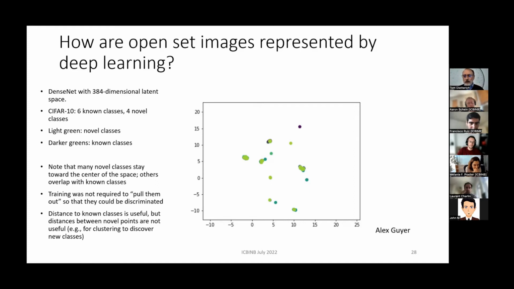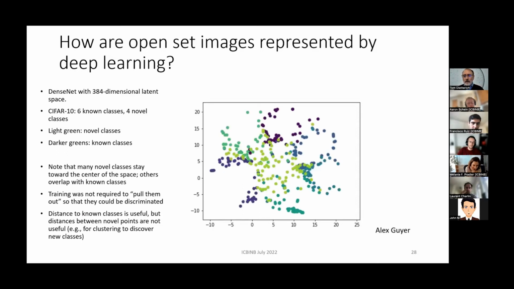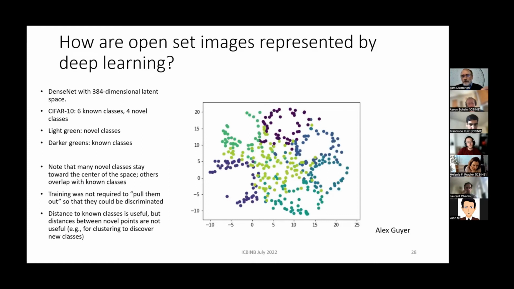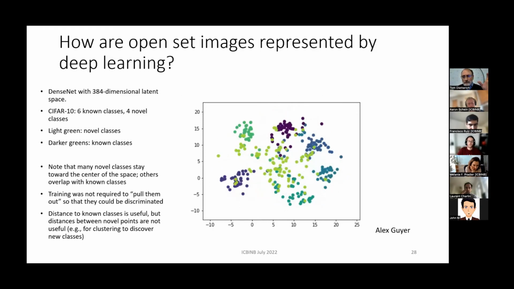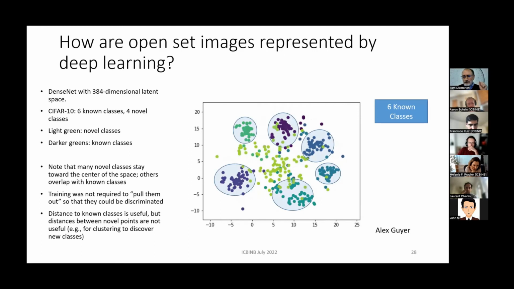And so here's what happens. This is the starting configuration. Then as we start training, what we see is that the data from the known classes is pulled out from the center of the space and forms up into these bubbles. And then the bubbles collapse to form nice tight clusters for the known classes.